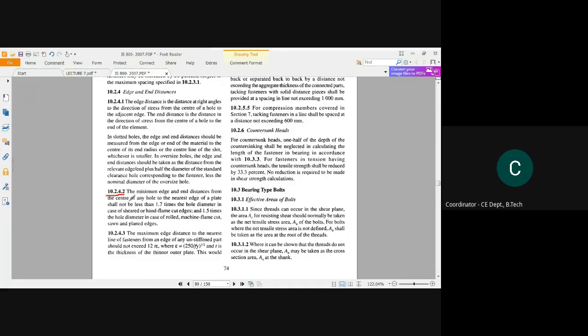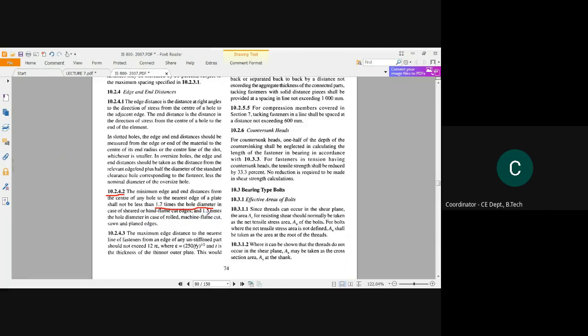It is given that the minimum edge and end distance from the center of any hole to the nearest edge of the plate shall not be less than 1.7 times the hole diameter in case of sheared or hand flame cut edges, and 1.5 times the hole diameter in case of rolled, machine flame cut, sawn and planed edges.